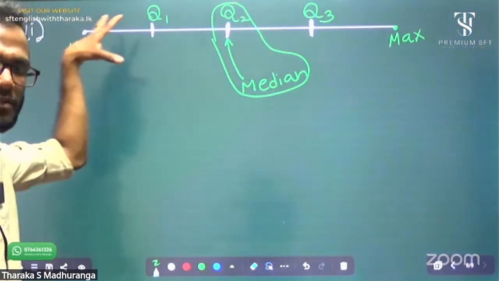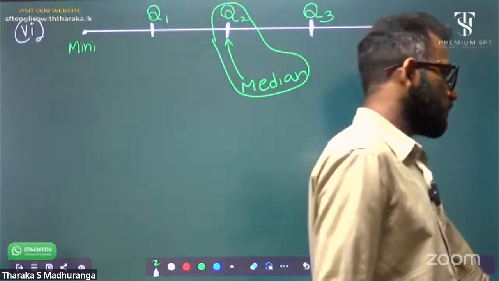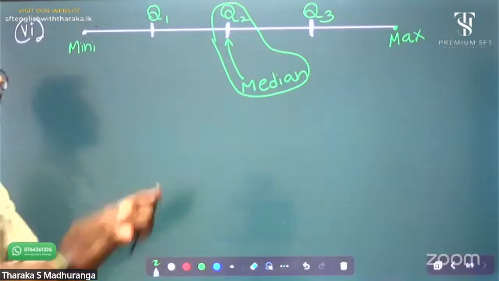Okay, draw this first mechanism. We cut the distribution into four identical parts.